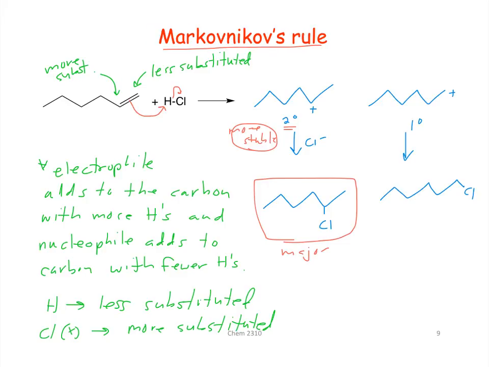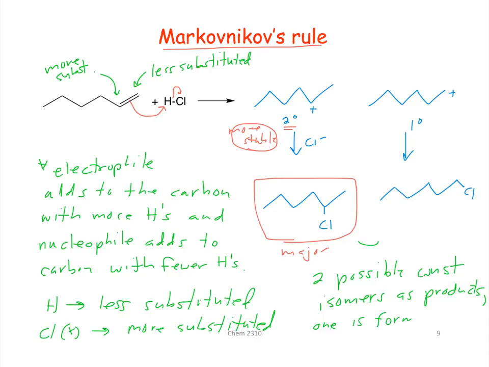One other thing about this. In this reaction, we have two possible constitutional isomers as products. One of them, the one on the left, is going to be formed in a greater amount.